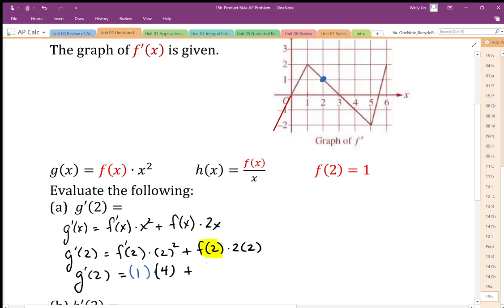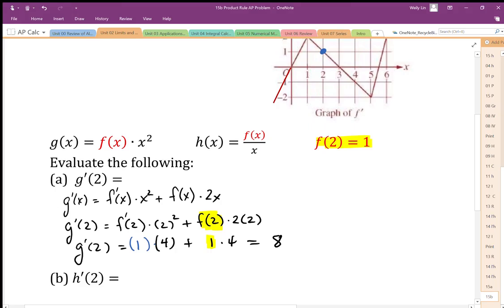Plus f of 2 is equal to 1, and we got that from this value here, and then times 4. We have everything that we need to calculate this, so we end up with g prime of 2, or the slope of this g function, which is based on this f function. The slope of that function works out to be 8 at x equals 2.